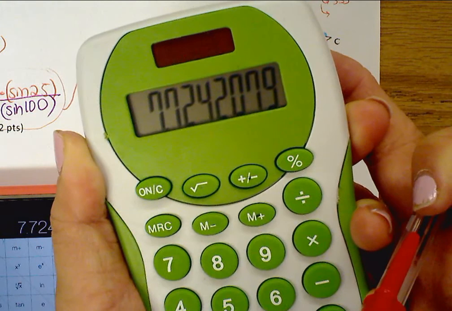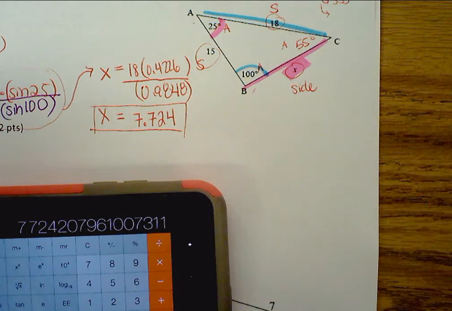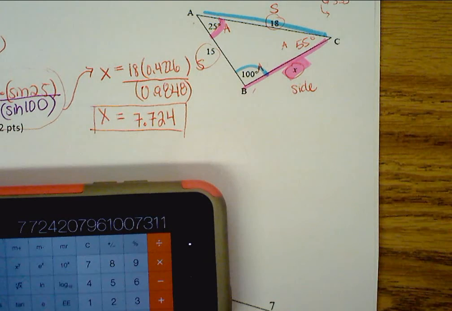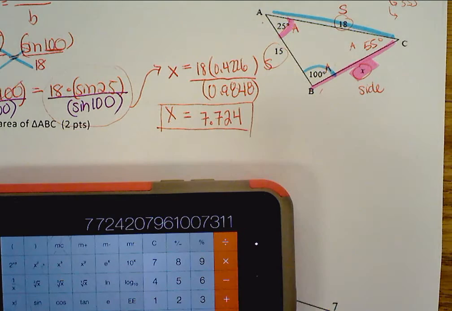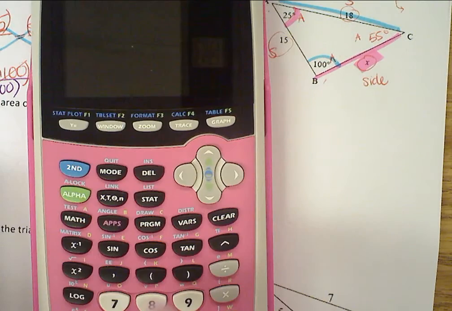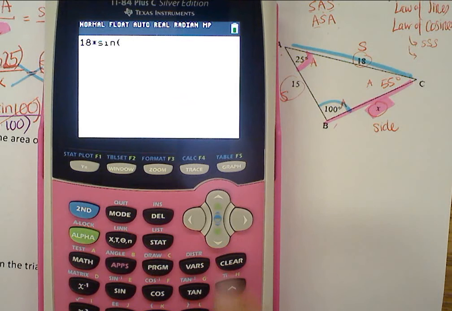Now, if you're using a graphing calculator, does anybody have their graphing calculator with them right now? Then it's actually easier. You could just put it all in there. She has her name on it and everything. You could just go 18 times sine of 25 divided by sine of 100 and it would get it for you.